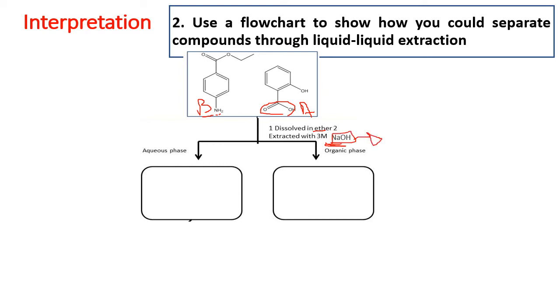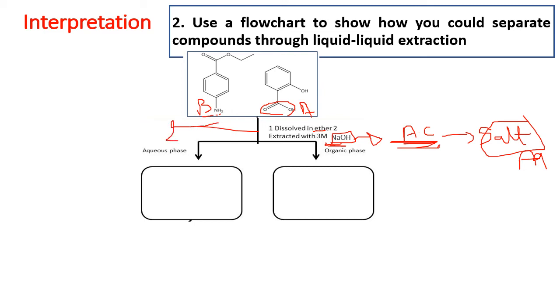The NaOH is a very strong base, so it will react with the acid. And on reacting with the acid, it is going to form the salt that would move into the aqueous layer, leaving the other compound unionized in the organic layer. So now my basic compound will be my unionized compound that will remain as it is in the organic layer.